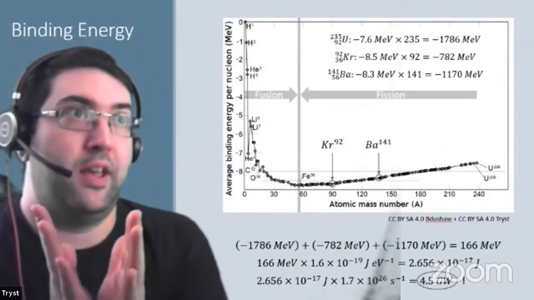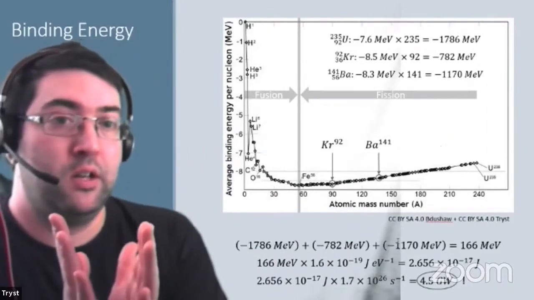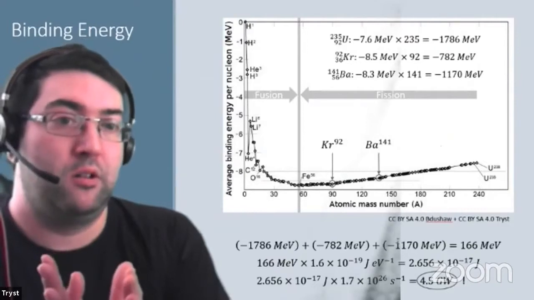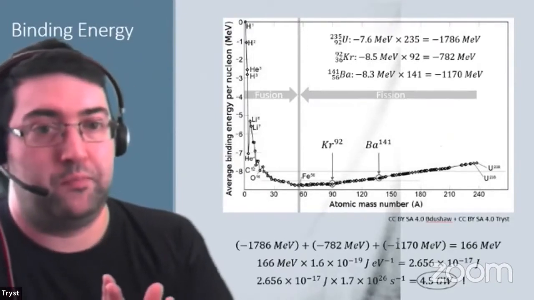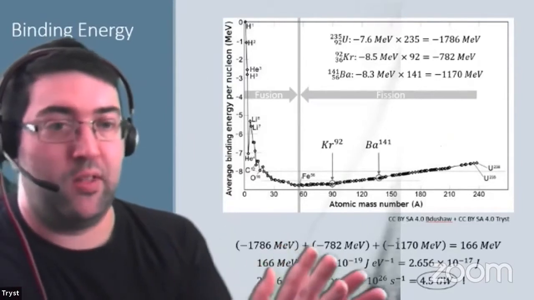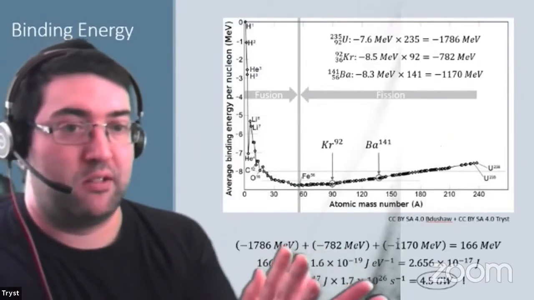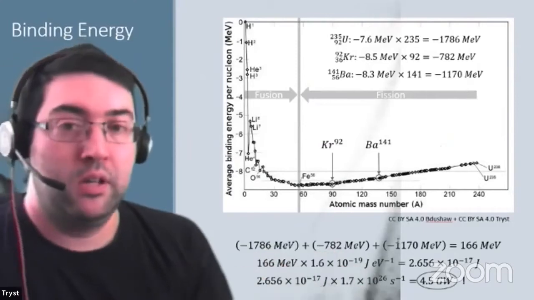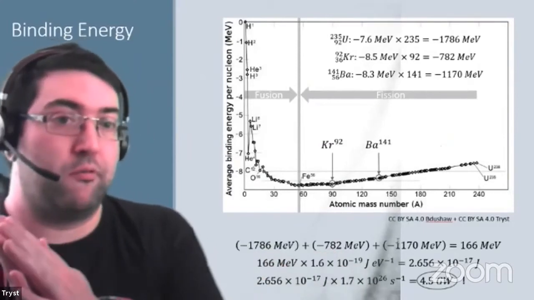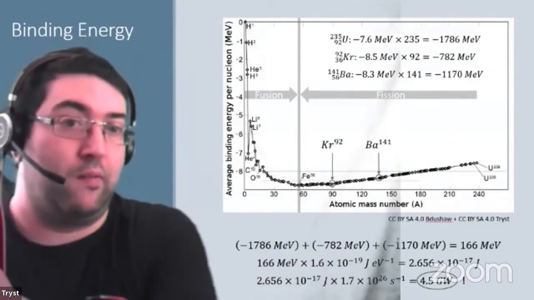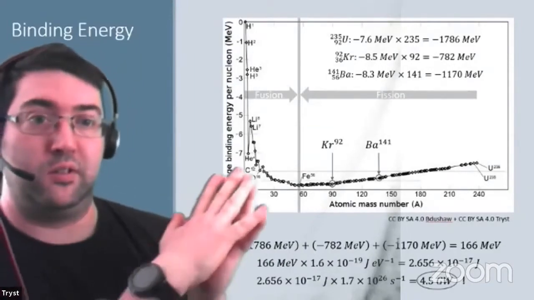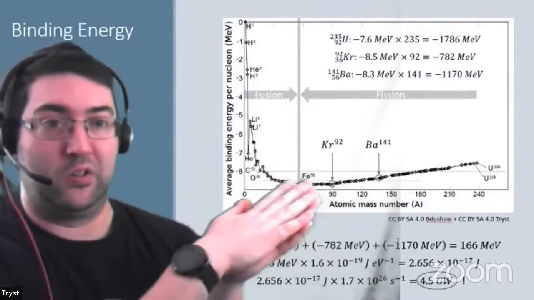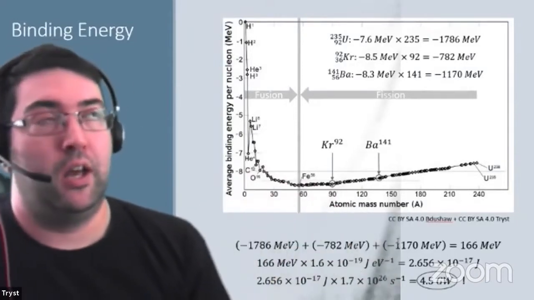So if your element is lighter than iron, if you were to split it apart, you have to put more energy in than you get out. If it's heavier than iron, you get more energy out of splitting it than you put in. And the converse is also true in fusion. Anything that you join together to the left of iron, you get energy out from fusing it, and you put energy into fusing it if it's to the right of iron.